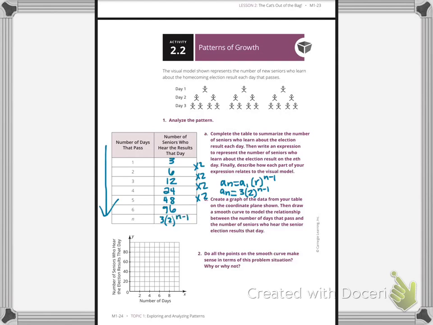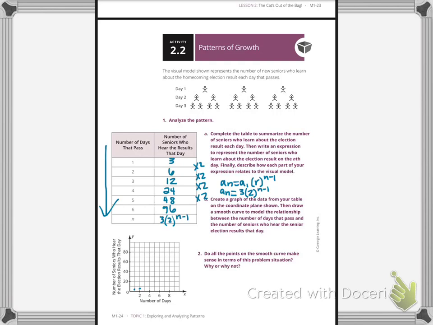It says create a graph of the data from your table on the coordinate plane shown. Then draw a smooth curve to model the relationship between the number of days that pass and the number of seniors who hear the senior election results that day. Okay, so day 1 we had 3. So it looks like it's going up in increments of 10, so pretty close to the bottom there. Day 2 is 6, so just a little bit higher. It's hard to draw dots on this.